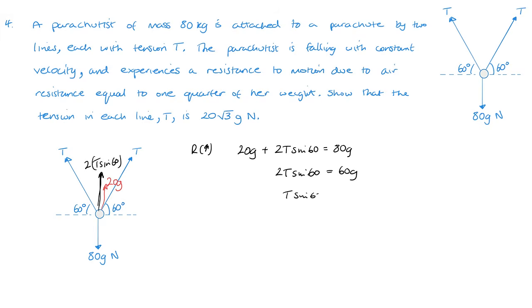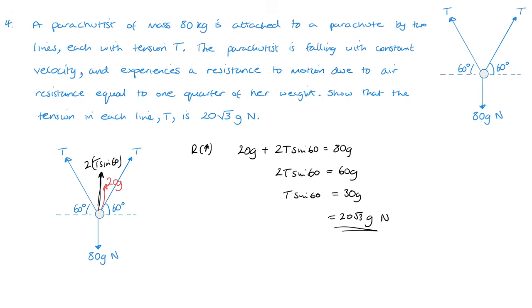T sine 60 is equal to 30g. Now divide by sine 60, and 30 divided by sine 60 is 20 root 3g newtons, and that was what was required here. Okay, so nice easy question there.